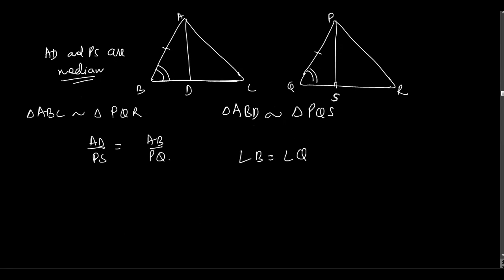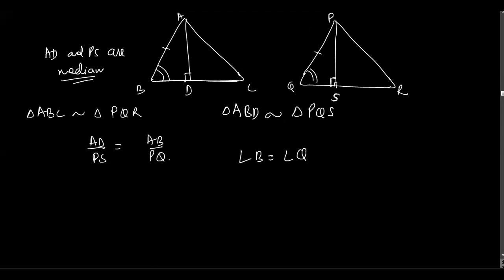Moreover, अगर मैं इनको altitude भी मानता हूं, तब भी ये सिमिलर होंगे, क्योंकि 90 डिग्री है. You can consider this angle is 90 degree, so this is 90 degree. So by two angles this triangle will be similar to this one. Moreover, अगर ये medians भी हुए तब भी ये similar होंगे, मतलब medians भी corresponding sides के हम लोग आपस में prove कर सकते हैं.